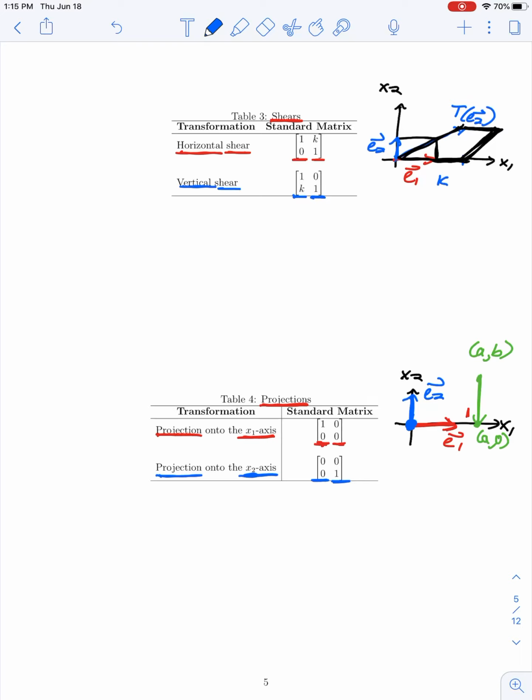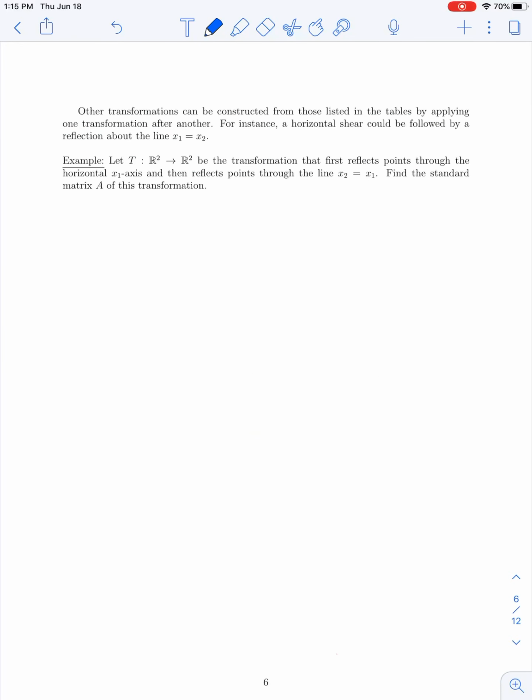All right, so we've got the standard matrices for different common geometric transformations in the plane described in this table. And using these standard matrices which we found, we can define standard matrices for other related transformations which might consist of one or more of these operations together.